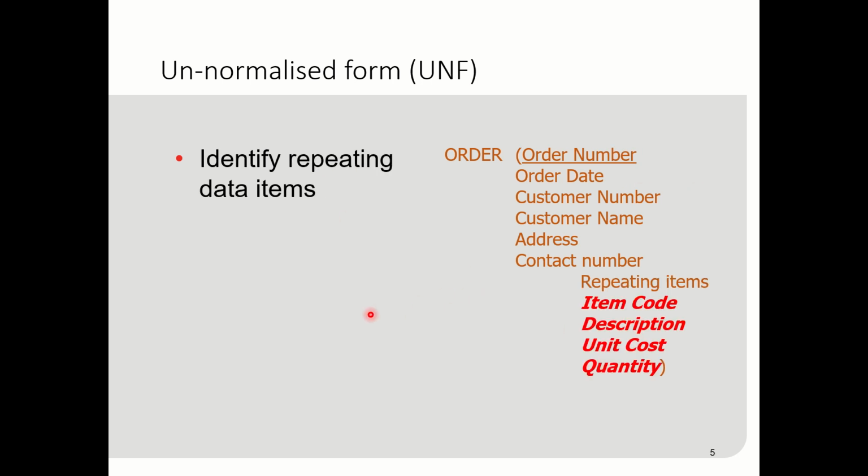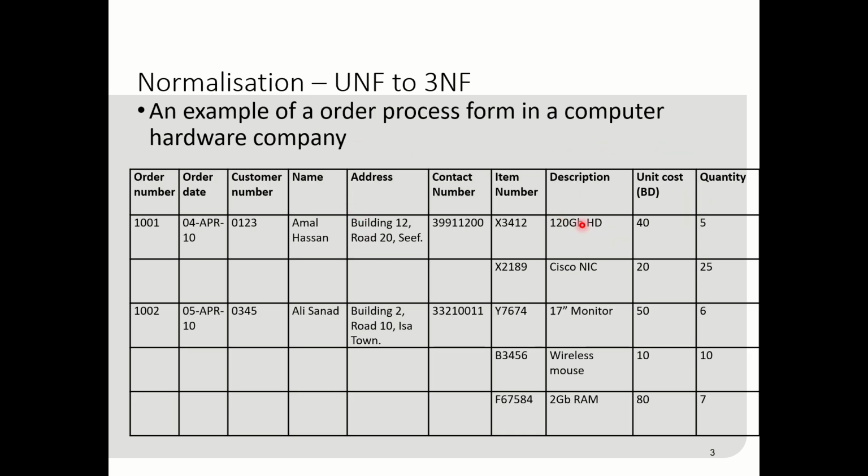The second step from the unnormalized form is to identify the repeating data items. When you look at the table, you know which are the repeating items. Item number is repeating, description is repeating, unit cost is repeating, and quantity is repeating for this order number.